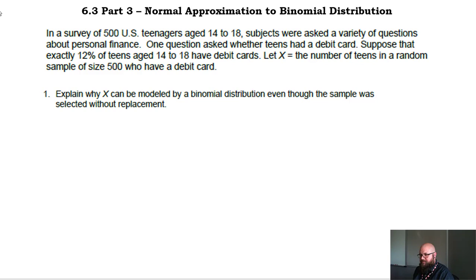We start with our B. We need our success. Our success in this case is if they have a debit card, and failure is if they have no debit card.